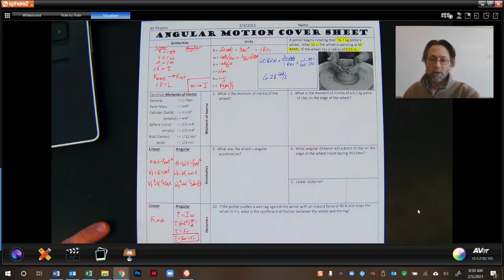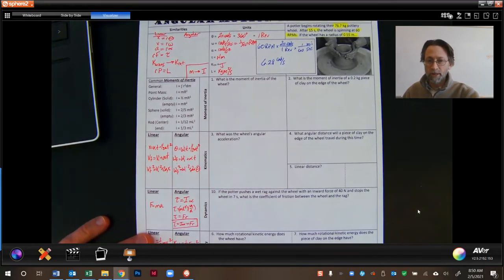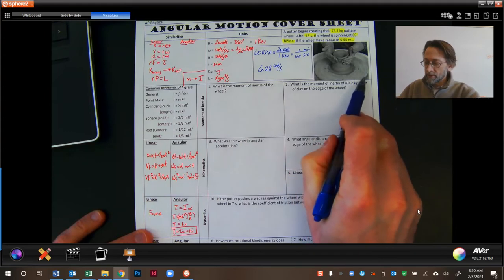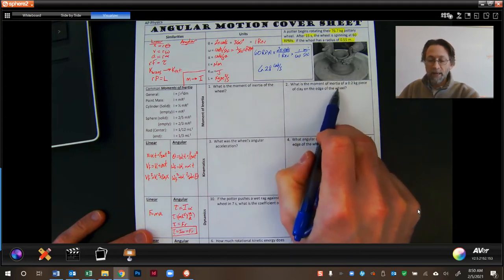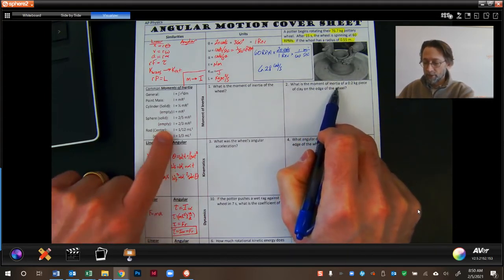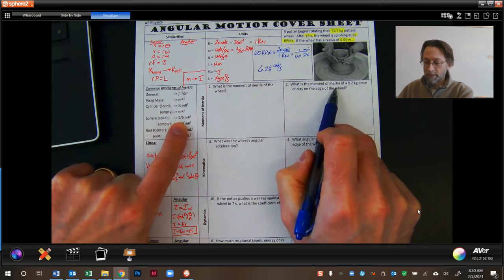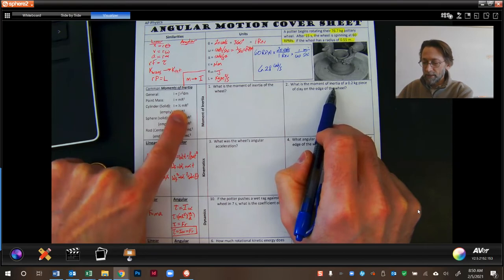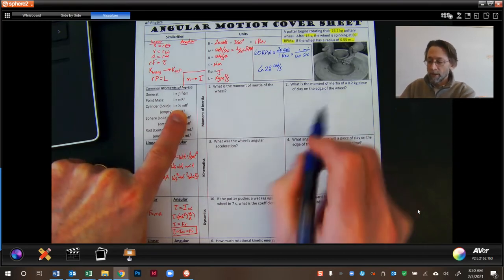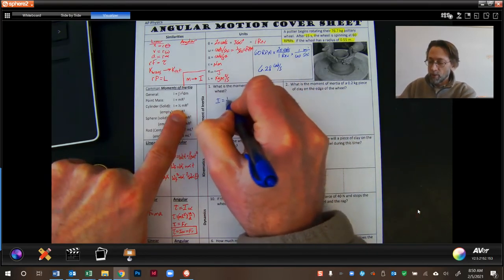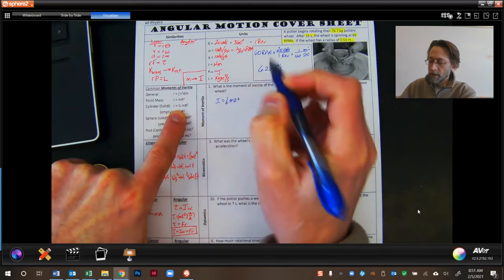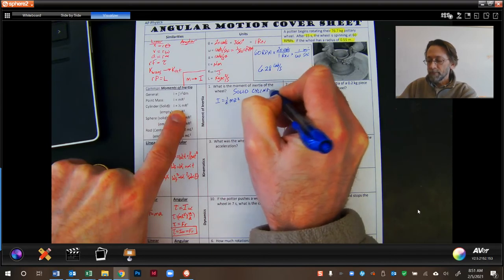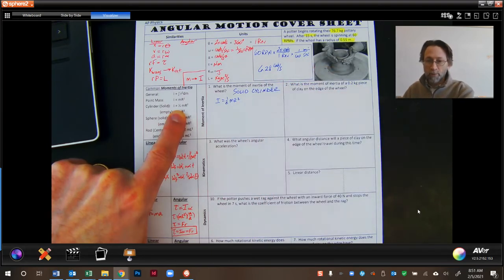Okay, so now what is the moment of inertia of the wheel? We would consider this wheel itself to be a solid cylinder, so I is equal to 1/2 mr squared. I might want to write somewhere here that this is a solid cylinder, so that later I would remember that.